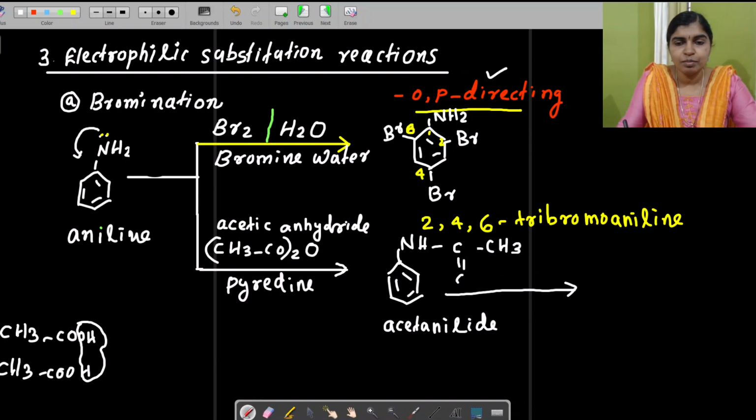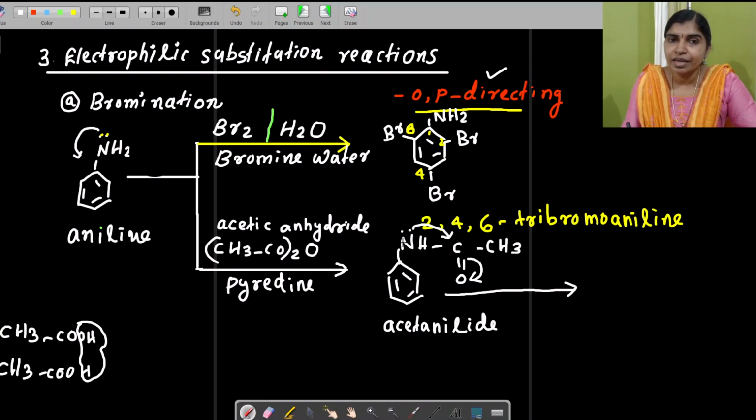C double bond O. So here there is a highly electronegative oxygen. So this attracts the electrons towards this, and due to that shifting, the electrons from the nitrogen are shifted to here, making this nitrogen less electron donating. So ഇവിടെയുള്ള ഇലക്ട്രോൺസിനെ ഈ റിങ്ങിലേക്ക് ഷിഫ്റ്റ് ചെയ്യാനായിട്ടുള്ള ചാൻസ് ഇവിടെ കുറയുവാണ്.